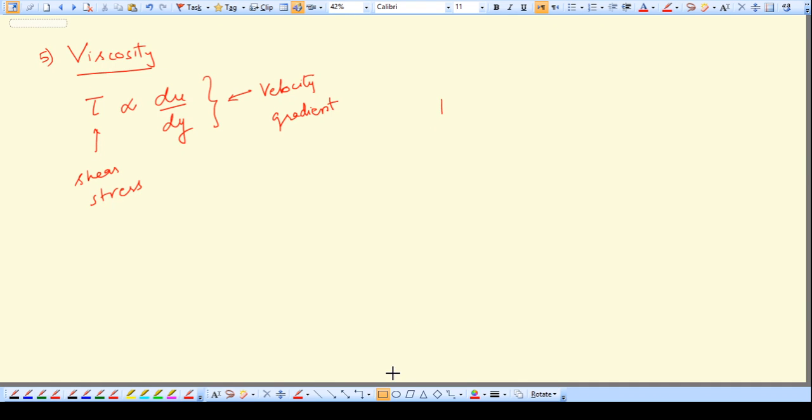So if you take a plate and a fluid is flowing like this, at the contact surface the velocity will be 0. This velocity goes on increasing as we go away from the plate.